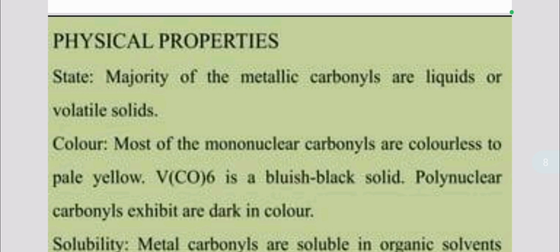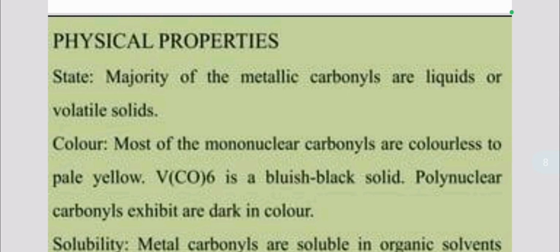If they are polynuclear carbonyls, meaning the central metal atoms are more, they are dark in color. Then solubility: they are soluble in organic solvents, for example benzene, ether, etc.